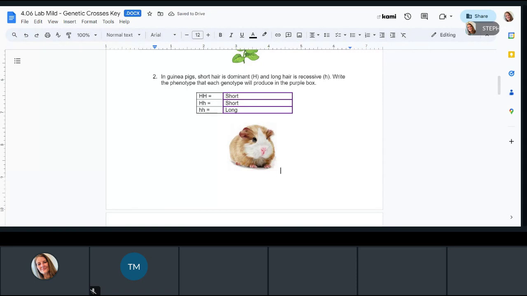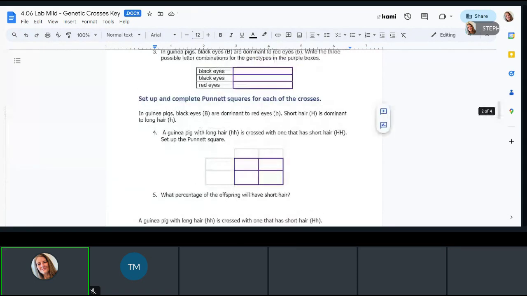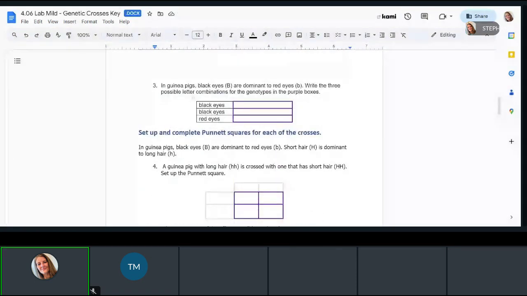Good. All right, still talking about guinea pigs, but now we're talking about the color of their eyes. Okay, so black eyes is dominant and red eyes is recessive. Okay, this time we're flipping it and putting the genotype over here.